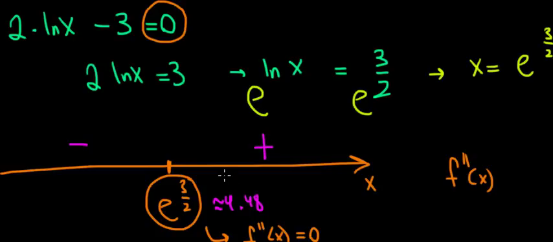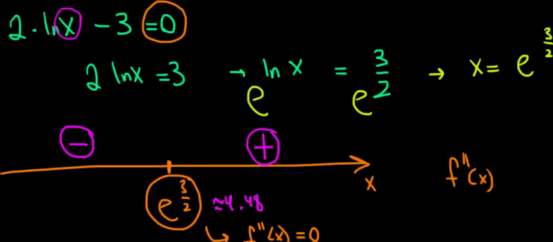If we calculate 2 times ln of 5 minus 3, we get 0.2. 0.2 is a positive number, which means we'll have a positive range. Let's take a value less than 4.48. Let's take the value of 4, putting 4 into our x, so we have 2 times ln of 4 minus 3, we get a value of minus 0.22, and that's a negative range.